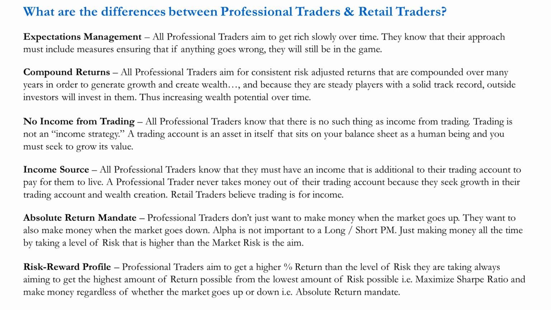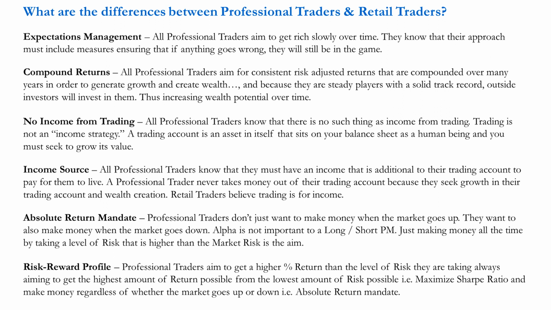In terms of income source, all professional traders know that they have to have an income that is additional to their trading account to pay for their life, to pay for everything outside, okay? To pay for their day-to-day expenses. A professional trader never takes money out of their trading account because they seek growth in that account and seek wealth creation.